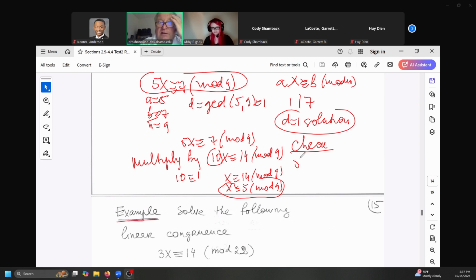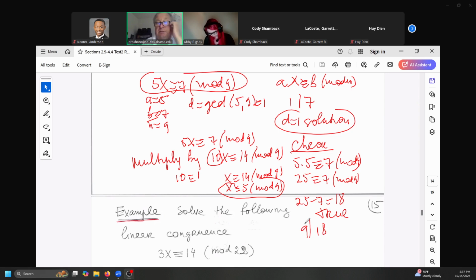What will we get? 5 times 5 is congruent to 7 modulo 9. 5 times 5, 25, is congruent to 7 modulo 9. So 25 minus 7 is 18. 18 is divisible by 9. True. Okay, let's do 2 more problems, and then we will be done with the review.